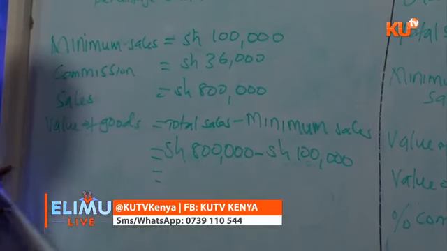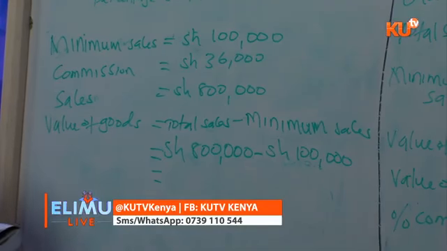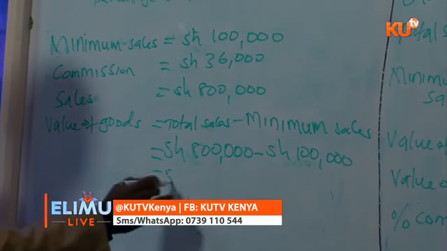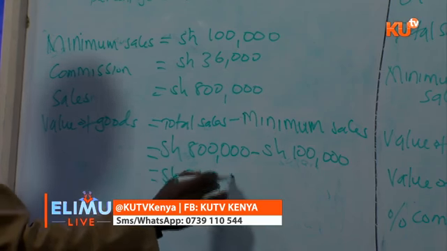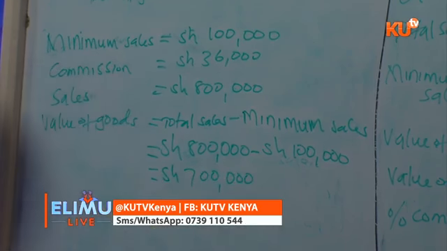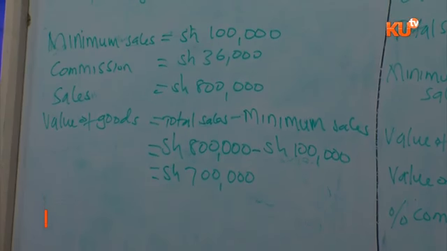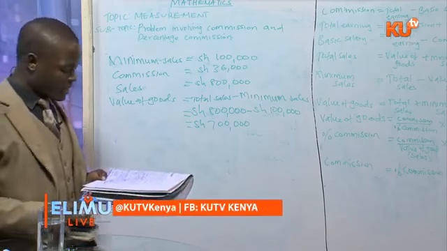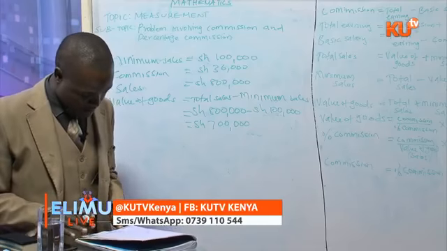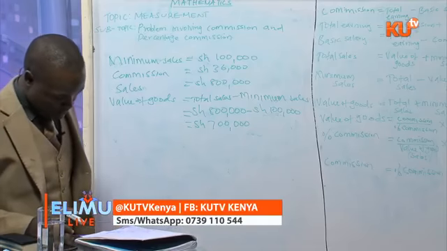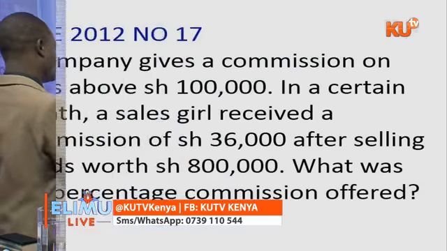If we subtract, we get 700,000 shillings. So the 700,000 shillings is the value of goods from which he's supposed to get commission.